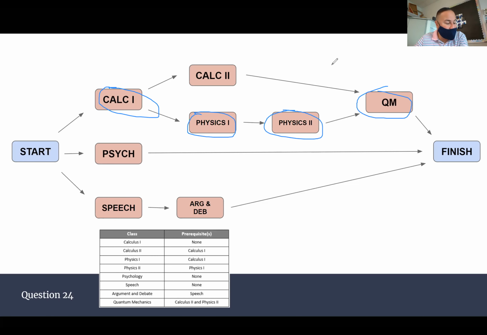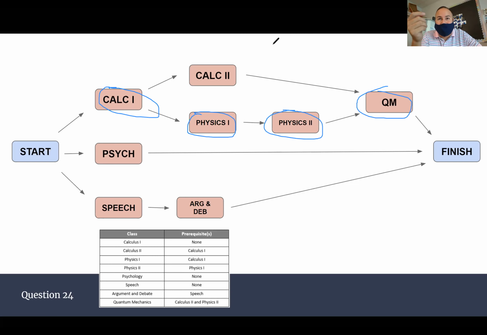Four semesters to graduate. So on 27, you're creating a schedule of classes that you can take. There's a lot of different ways you could set this up, but there's one thing for sure. Fall of your junior year, what do you for sure have to take? Calc 1.